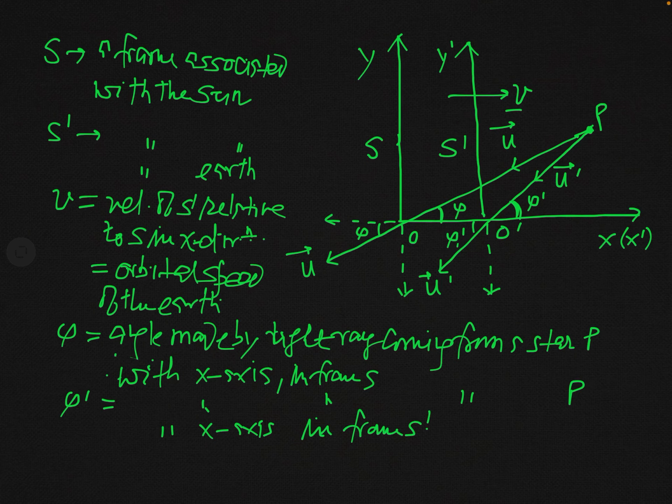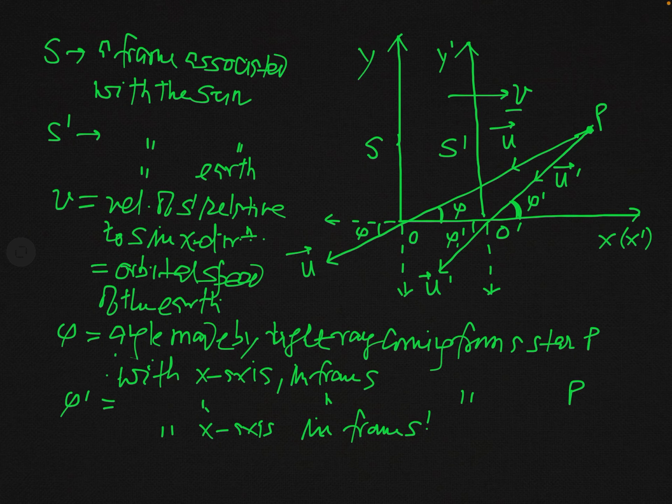So you can say that the velocity of light in free space actually makes an angle phi with the x-axis as observed from the frame S, and the velocity of light u prime actually makes an angle phi prime with the x-axis as measured by the moving observer O prime. Here one thing is very important: velocity is a vector, and so if the directions of velocities u and u prime are different, then definitely these two velocities are different.